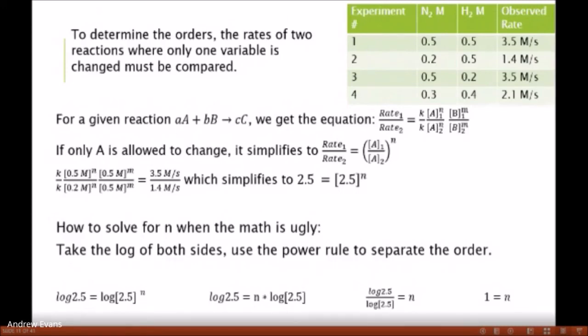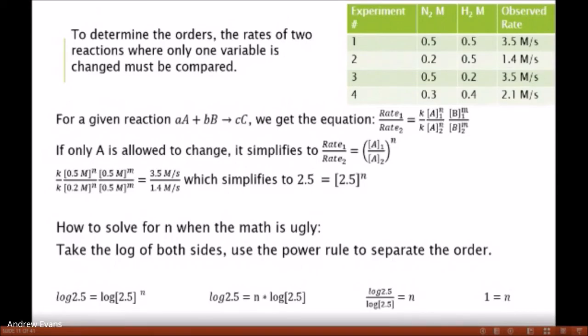It doesn't matter if it's 0.5 squared, 0.5 cubed, 0.5 over 0.5 is still 1. So we can simplify this to rate 1 over rate 2 equals A1 over A2, and take the N outside of parentheses because both are raised to the power of N.